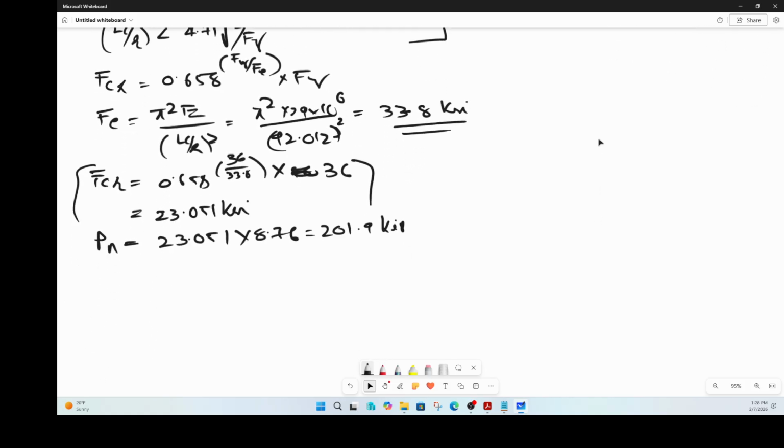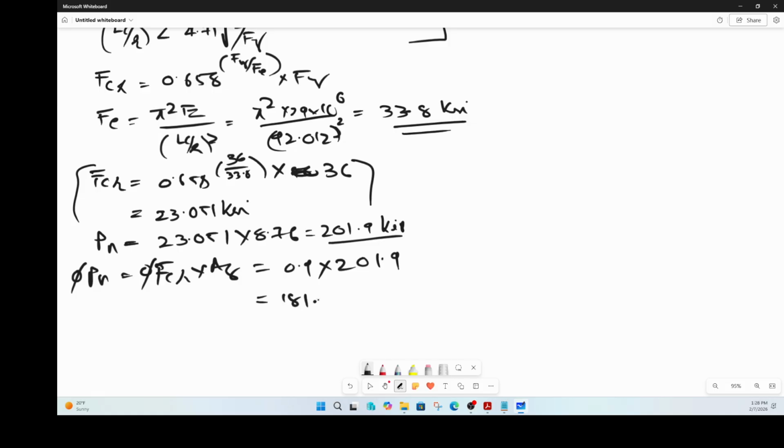But we need to find phi times Pn, which is phi times FCR times A gross, which is 0.9 times this value. So reduce 10% from that, and you end up with 181.73 kips.